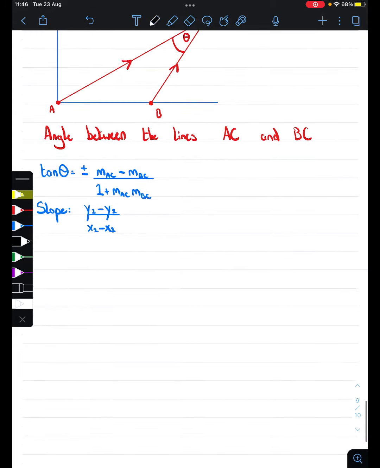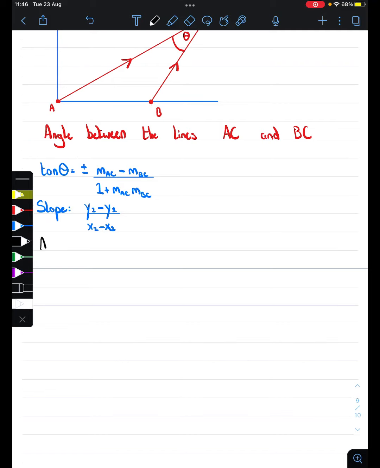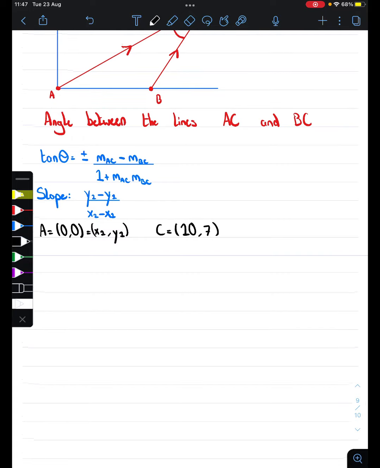So if we're looking at AC, well, A equals 0, 0. So if we let that be x1, y1, and C equals 10, 7, then the slope between them, MAC, is equal to 7 minus 0 over 10 minus 0, so just 7 over 10.